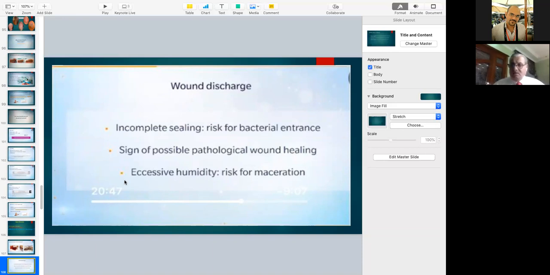There is a source in the wound that bacteria may enter through. It is also a sign of possible pathological wound healing. The healing, as we discussed in the phases of healing, will be prolonged, as we said, when there is infection. And when there is excessive humidity, more than needed, there will be risk of maceration.